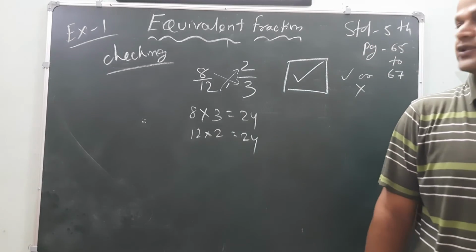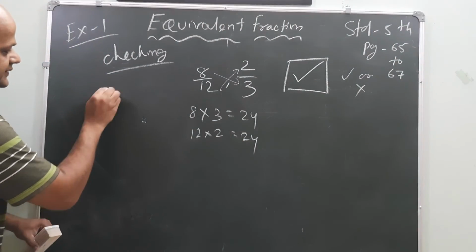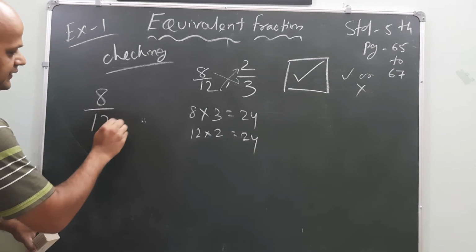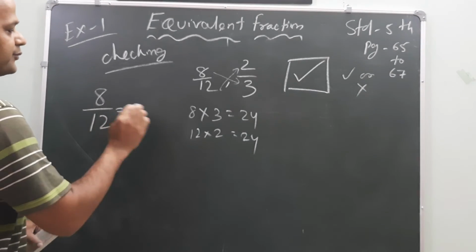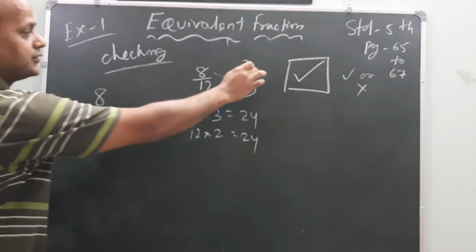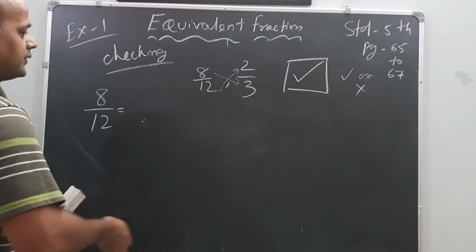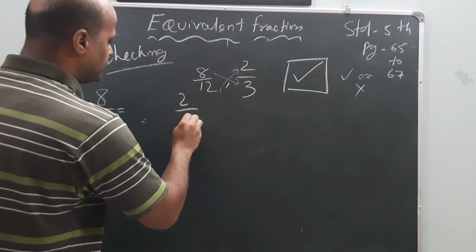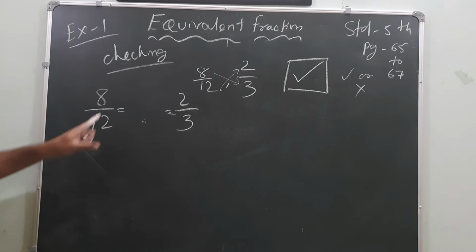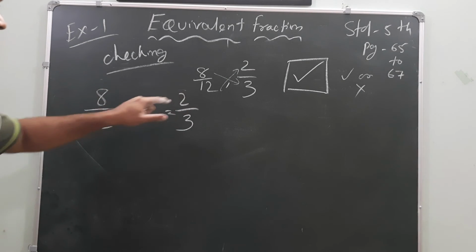If it is a 5 mark question, what you have to do? You have to do it in such a manner that 2 by 3 comes. What should I do with 8 so that 2 will come?